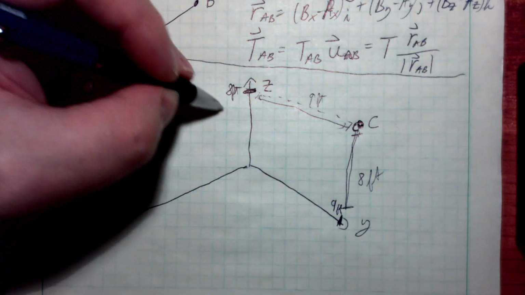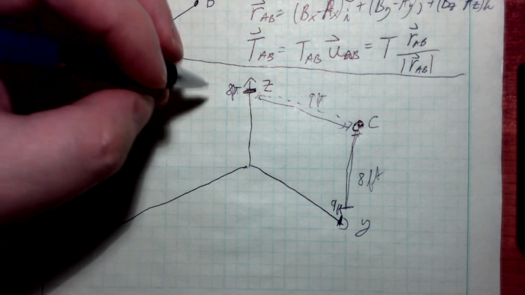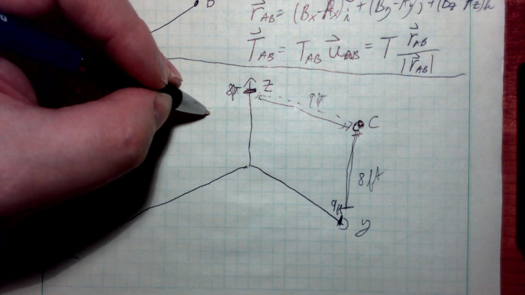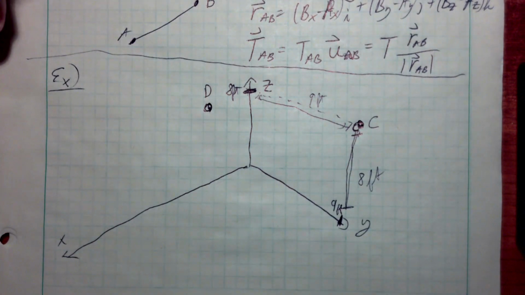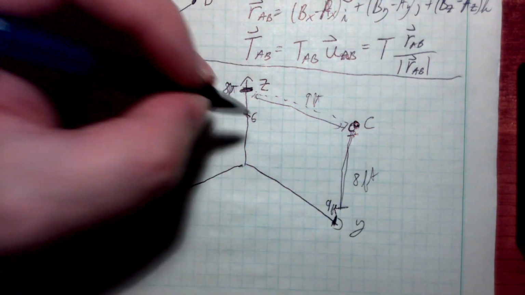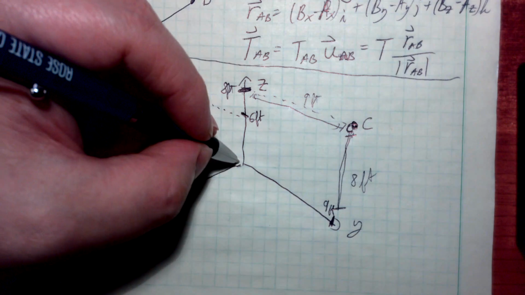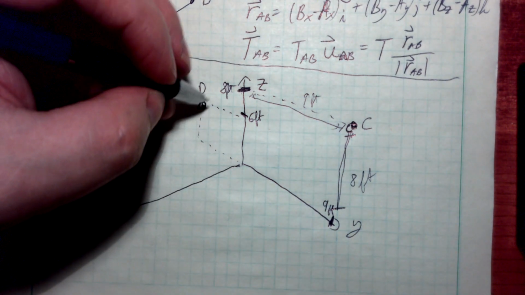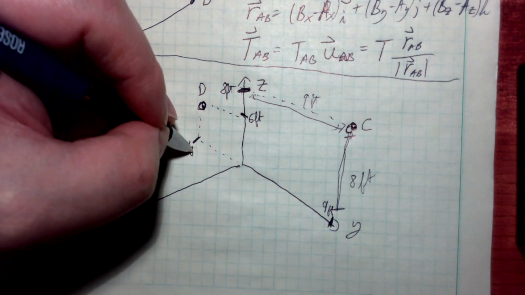And then there's a point back here on this wall of the ZY plane. It's in the negative y direction, positive z direction. It's not quite as high up. So back here you've got point D. And point D is 6 feet up on the positive z-axis, and it is 4 feet on the minus y-axis, so minus 4 feet.